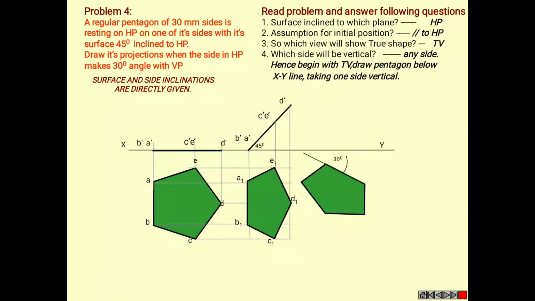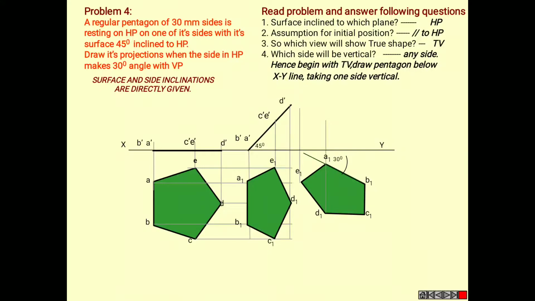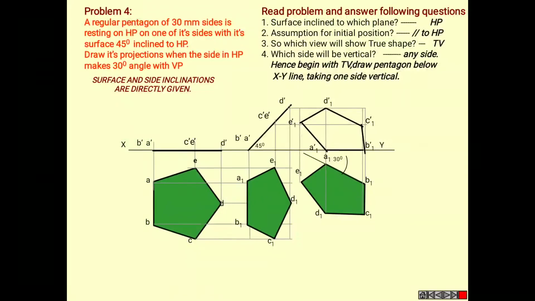Make the same figure twisted to 30 degrees. Now, by taking the projections, before that we need to mark the points and take the projections from each and every point, mark the points and join A, B, C, D and E. So this is your required pentagon.